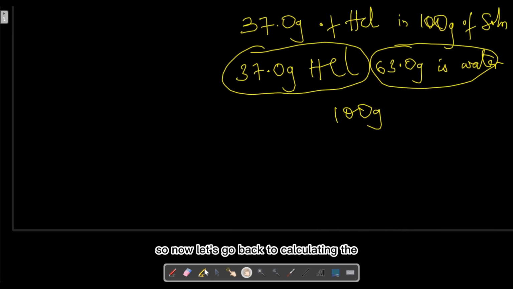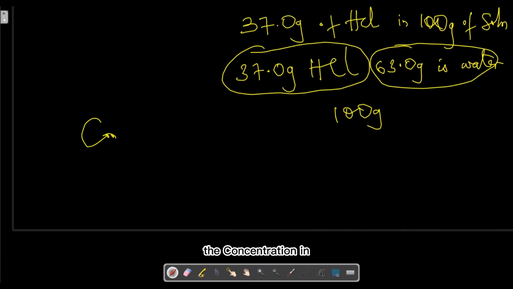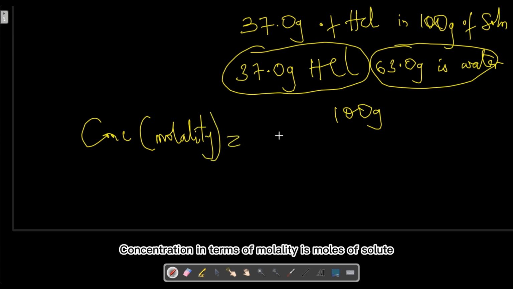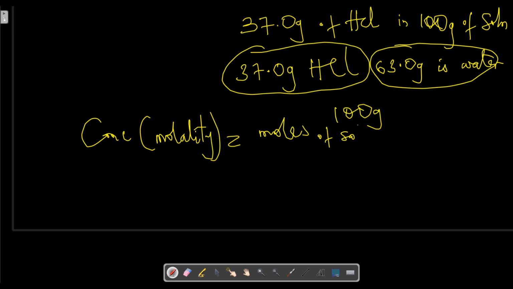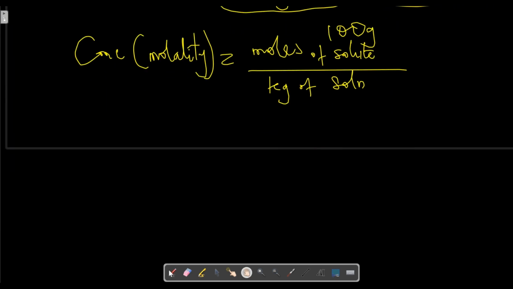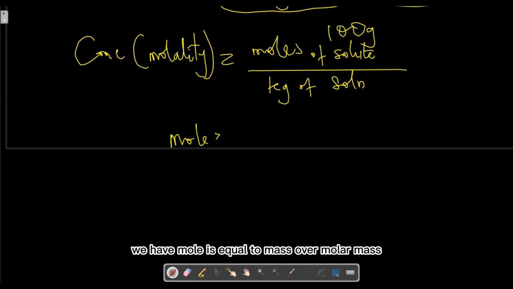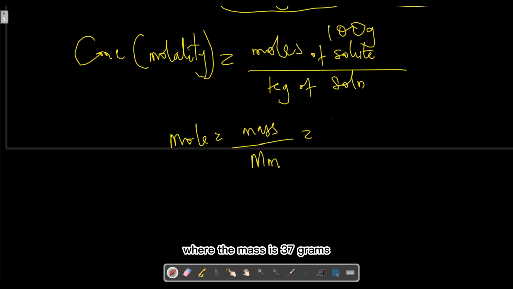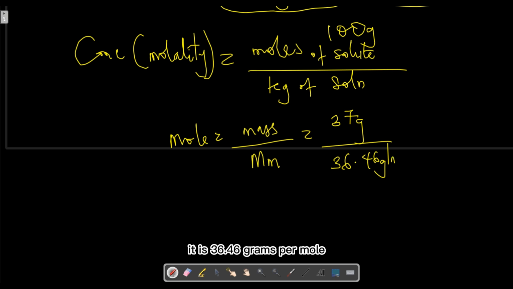So now let's go over to calculating the concentration in molality. All right, concentration in terms of molality is moles of solute over kilogram of solvent. All right, so from our formula there, we have mole is equal to mass over molar mass, where the mass is 37 grams and the molar mass of hydrochloric acid is 36.46 grams per mole.